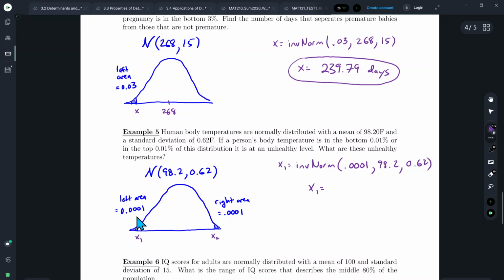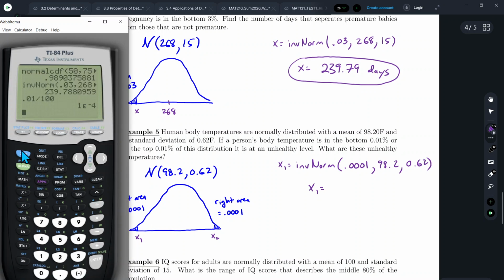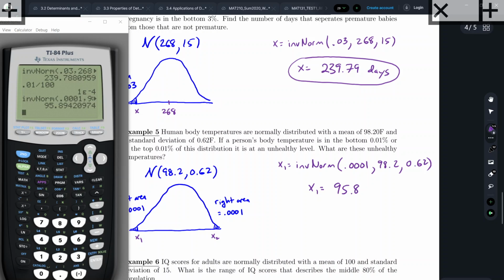So x1 is equal to, we enter in the parameters: the area 0.0001, the mean is 98.2, and the standard deviation is 0.62. And we can calculate it as 95.89 degrees Fahrenheit. So that's the bottom value here.